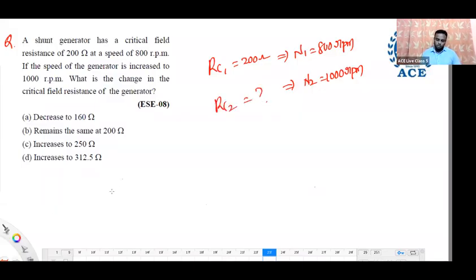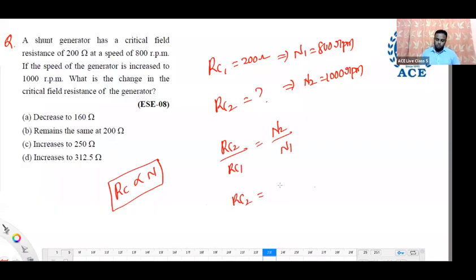We already know critical resistance is proportional to the speed of the generator. If the speed increases, critical resistance also increases. So apply this: RC2 by RC1 equals N2 by N1. RC1 is 200 into N2 is 1000 by 800. What is the answer?